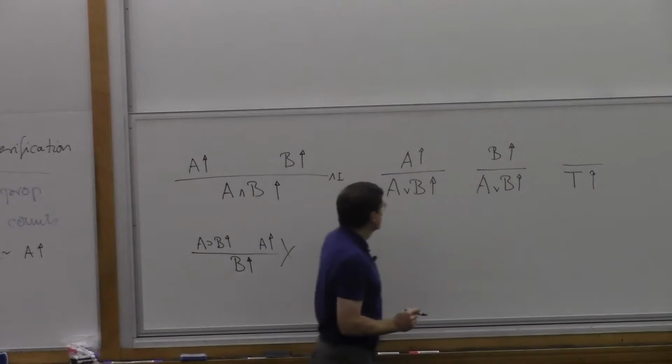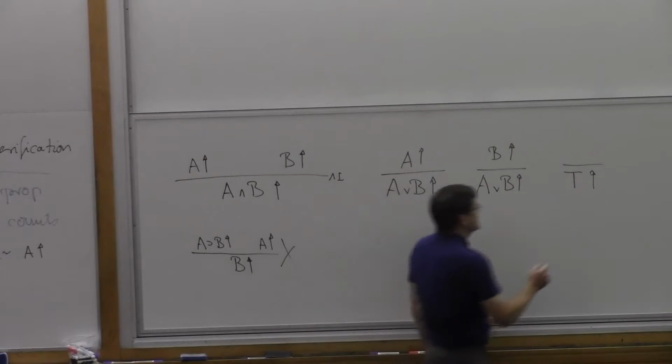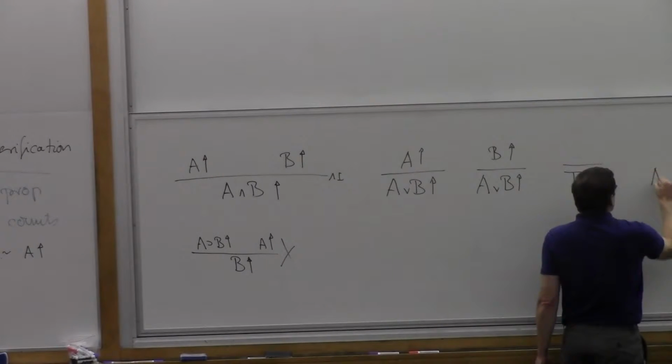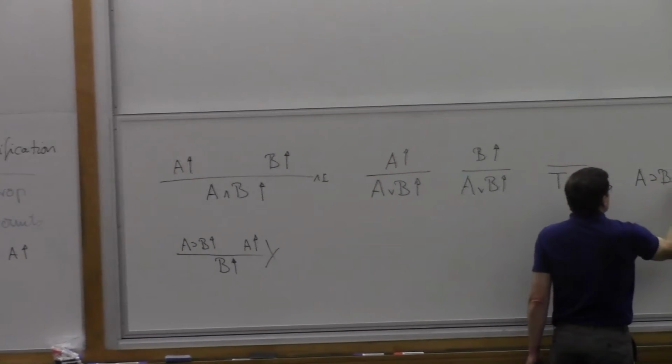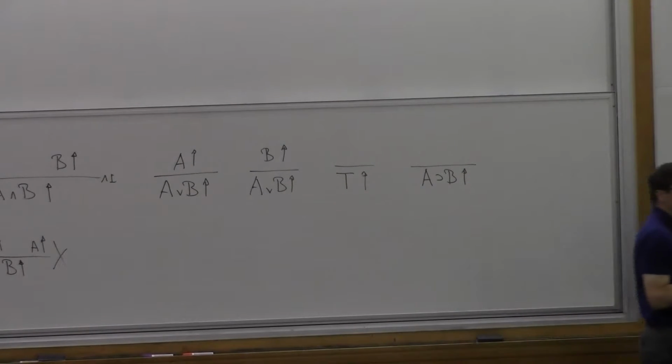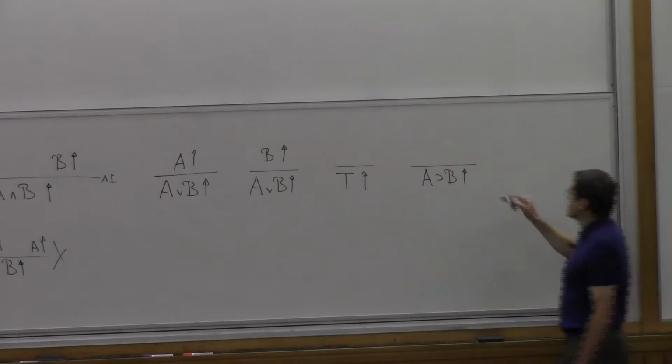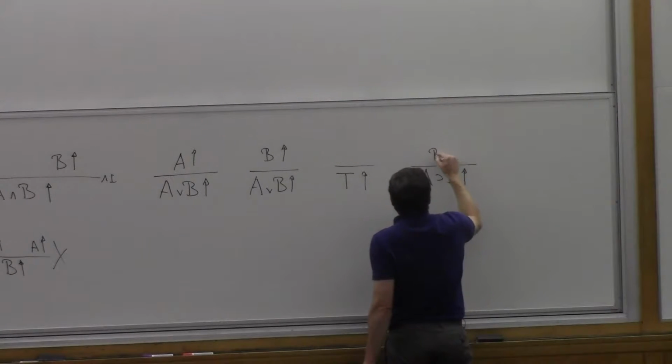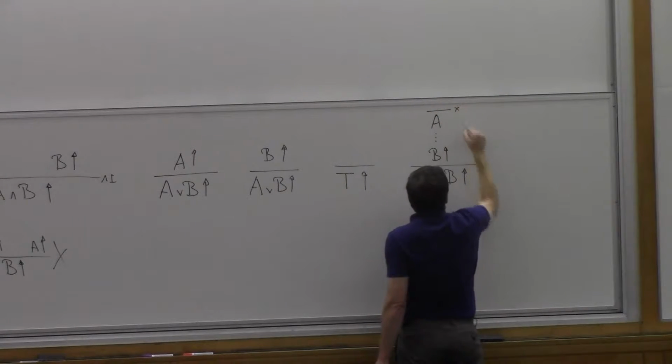That counts as a verification of truth. What else do we have? Implication. What's the verification of A implies B? It has to be a verification of B, with A as an assumption X, implication introduction, X.